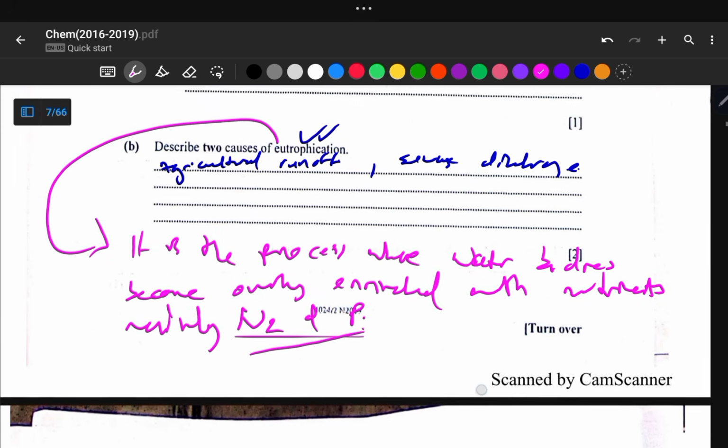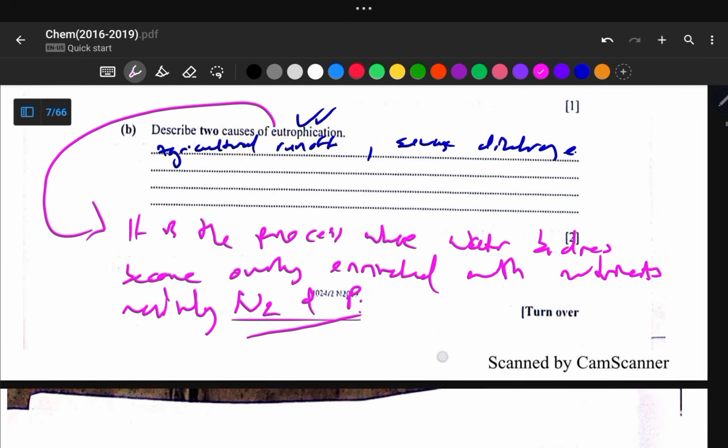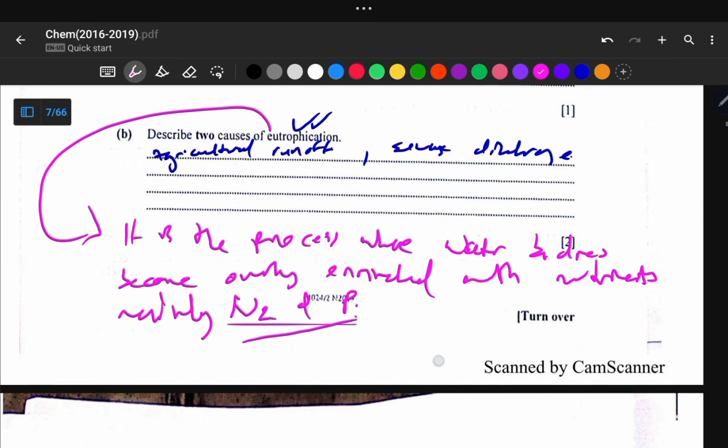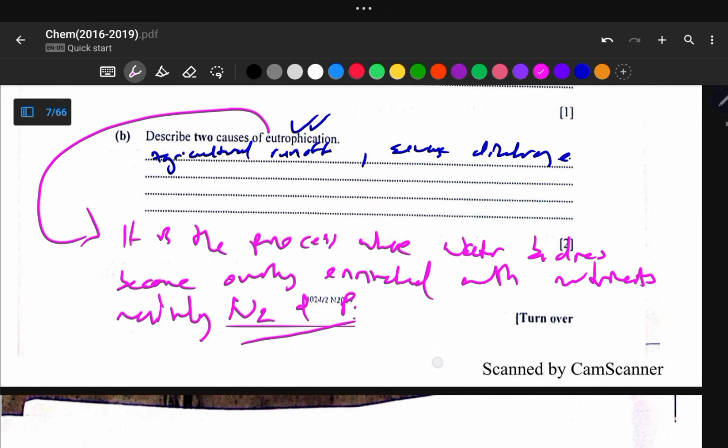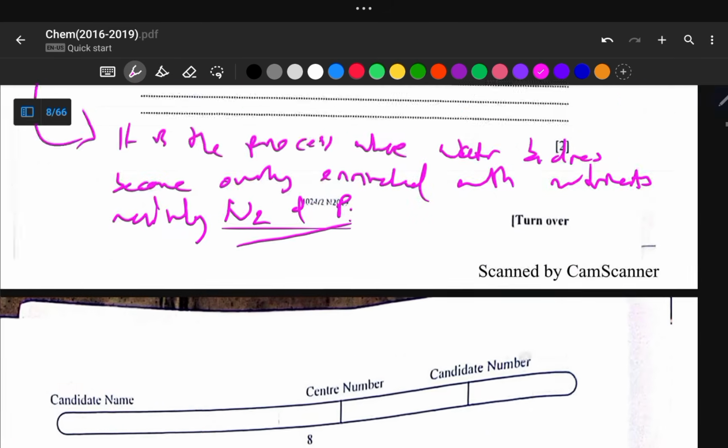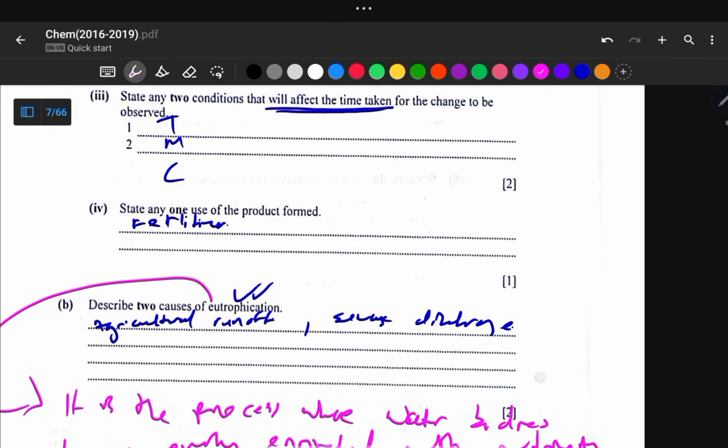And then for the whole process, let me write it over here.